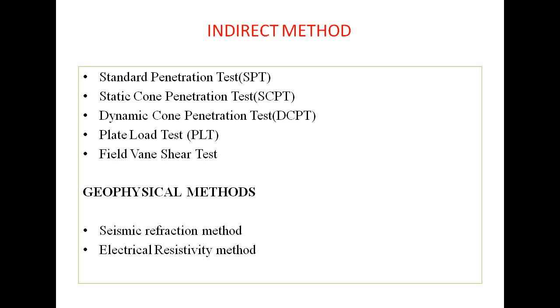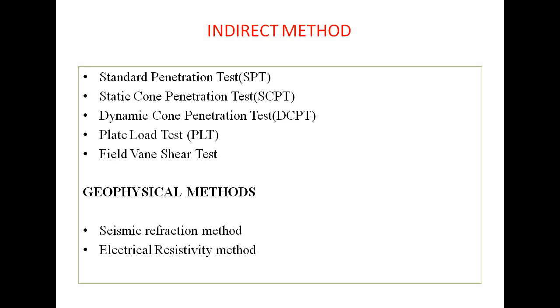These penetrometer tests, that is SCPT, DCPT, SPT, etc., generally give a measure of the resistance of the soil strata to penetration by the penetrometer, and the first one, the SPT, has to be carried out using a borehole. The rest, that is DCPT and CPT, can be carried out even without a borehole.